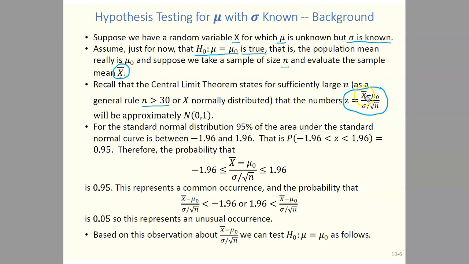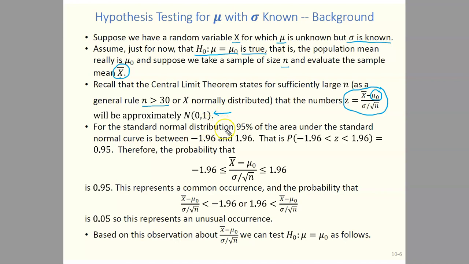So if we evaluate the numbers x bar minus mu naught divided by sigma over root n, now that's assuming the population mean really is mu naught, then these numbers should be very close to being normally distributed with a mean 0 and a standard deviation 1. That's by the central limit theorem.